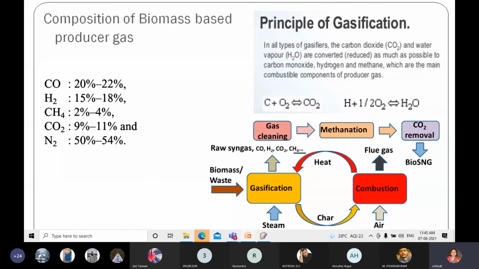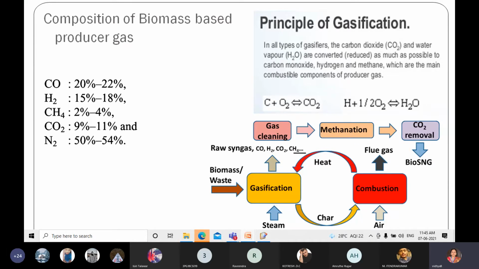Gasification may be considered a special case of pyrolysis, the destructive decomposition of biomass by heat. Biomass plus heat gives charcoal, oil, tar and combustible gas.